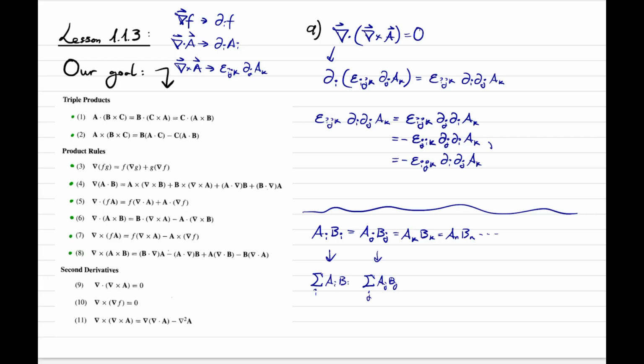This is the exact same thing. We have only changed labels. We haven't swapped any indices. We swapped indices in the first two steps, but in the last one we have only swapped labels. Now because this is equal to this thing, we can pass this to the other side.